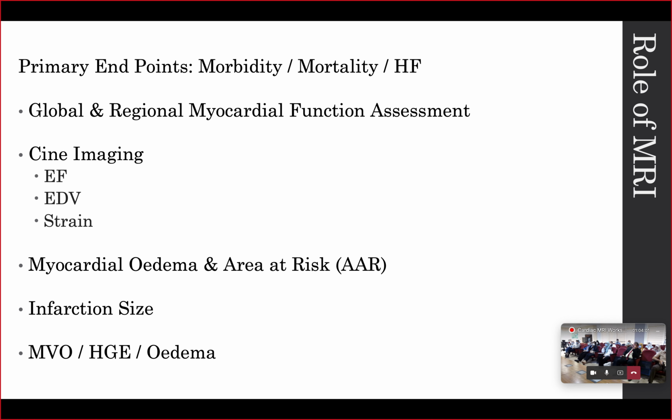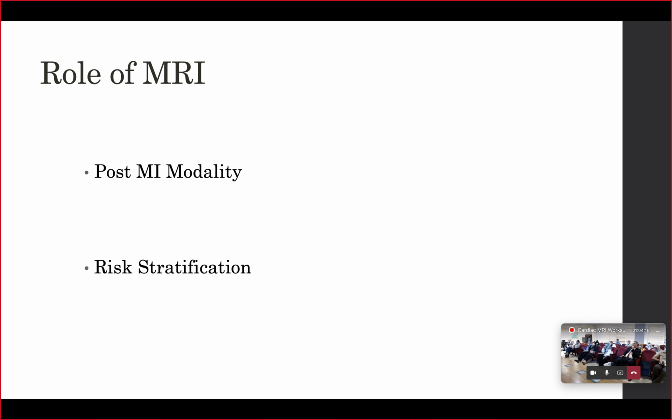MRI could easily assess the wall motion abnormalities, the functions, the volumes. MRI could measure the area at risk, the salvage area, infarction size, MVO, hemorrhage, or edema. So the main role of MRI is after the myocardial infarction and in the risk stratification of those patients.